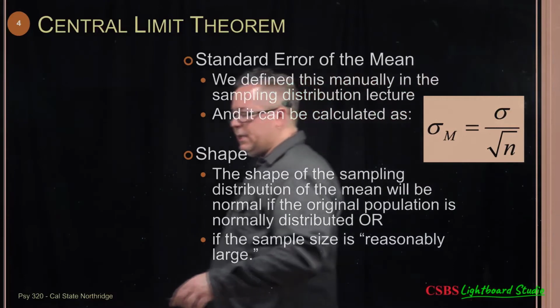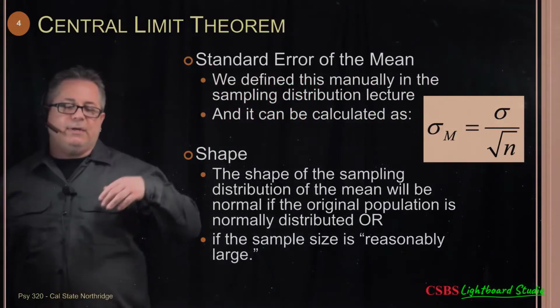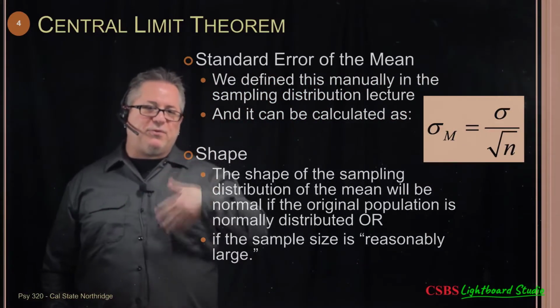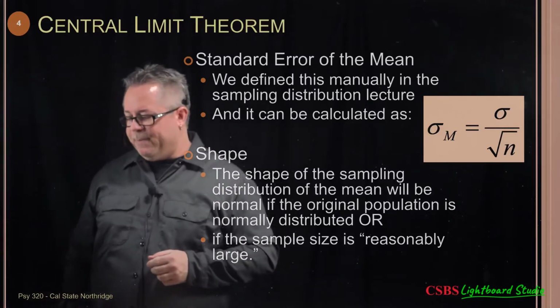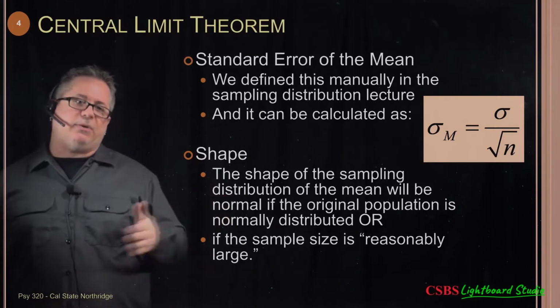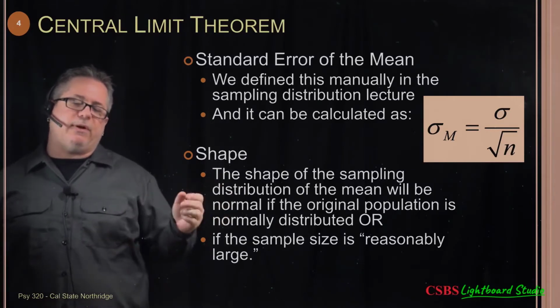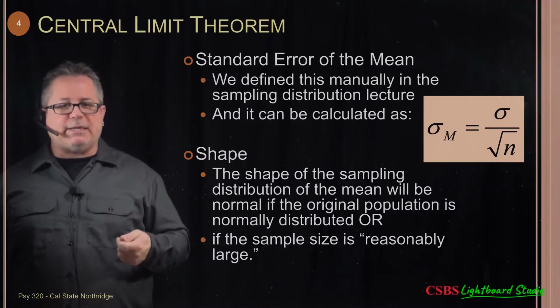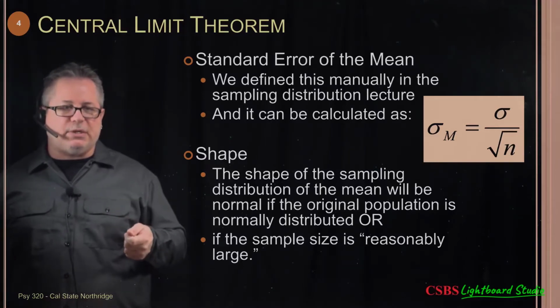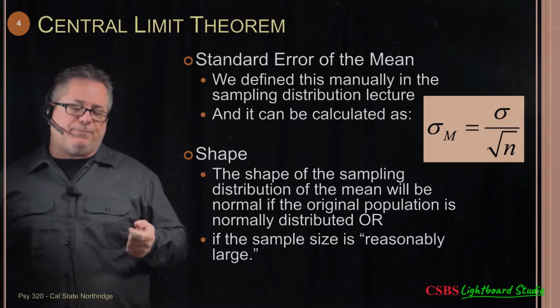We can either go through this process of sampling over and over again. In our example, it took something like 10,000 samples, a large number, to figure out what the standard error looked like, how much means would vary from one another. But because people have done this enough times, there's a fairly simple equation to figure it out.